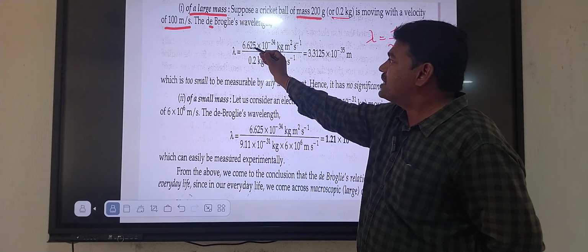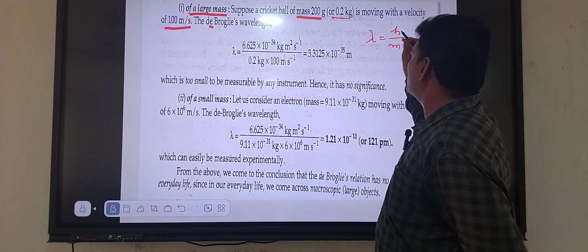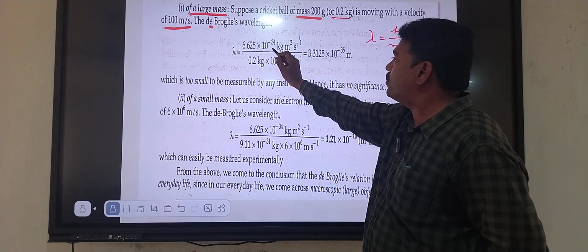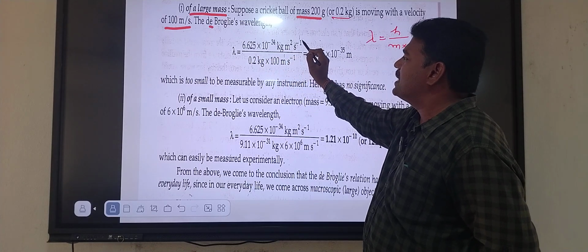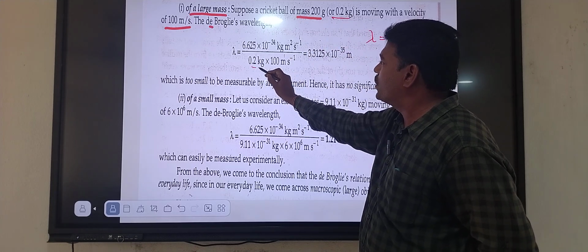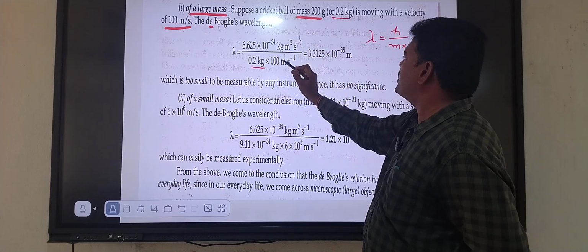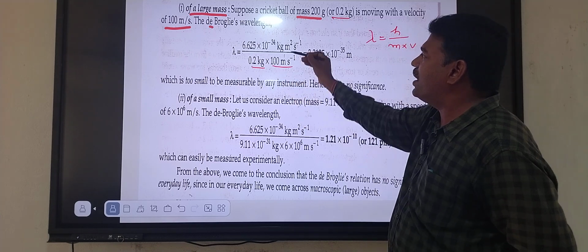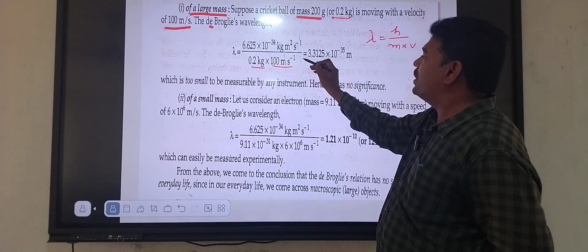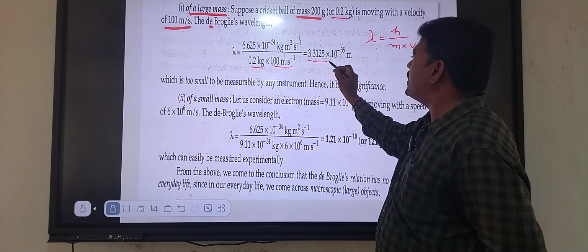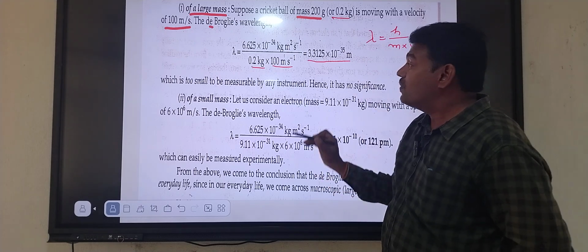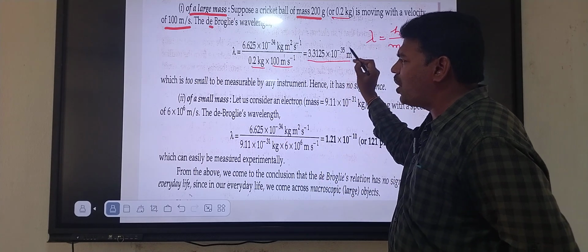Lambda is equal to Planck's constant 6.625 into 10 to the power of minus 34 kg meter square second inverse, divided by mass 0.2 kg into velocity 100 meters per second. When we simplify, it comes out to be 3.3125 into 10 to the power of minus 35 meters, which is a very, very small value.